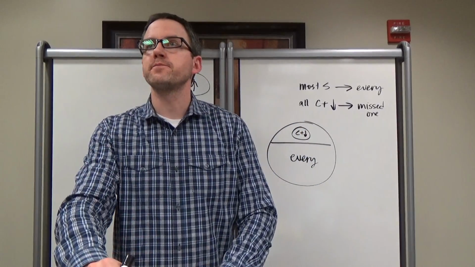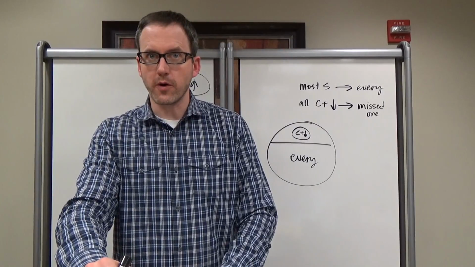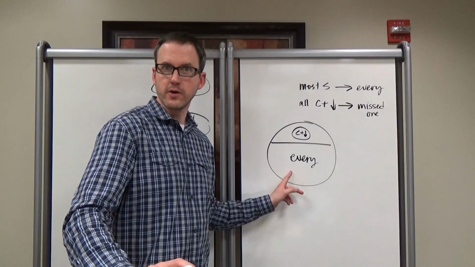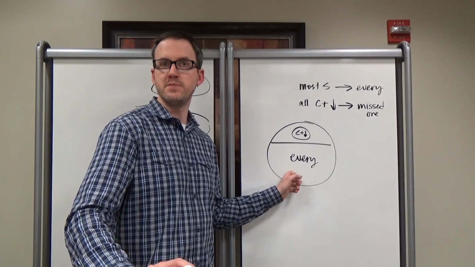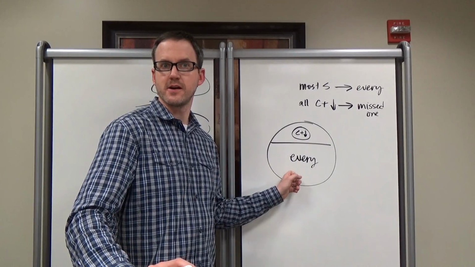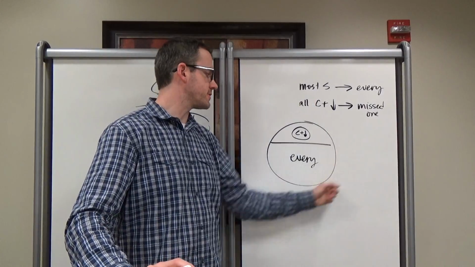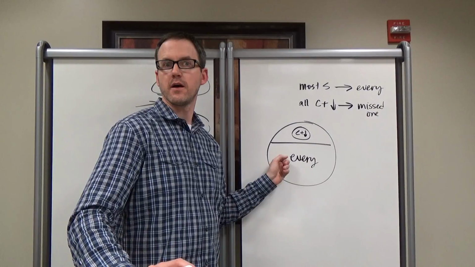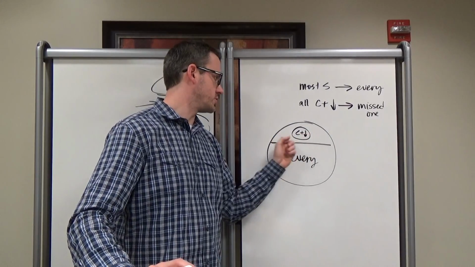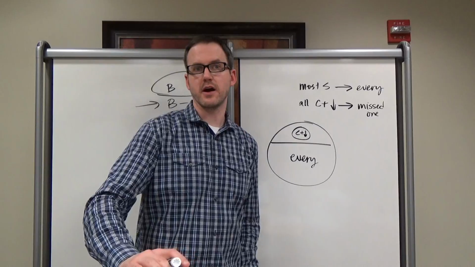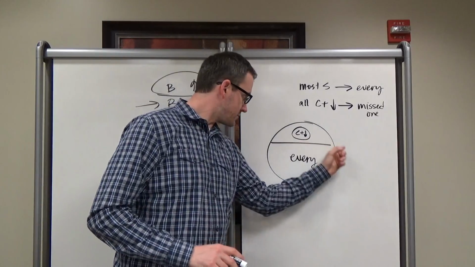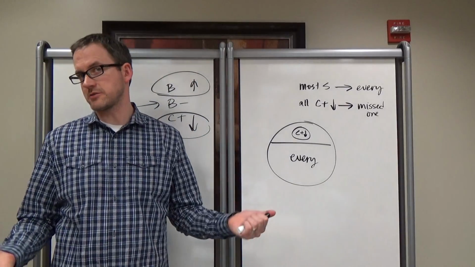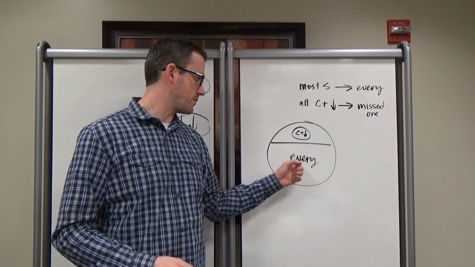If you got a C plus or lower, could you be a part of this group right here? No. So this group must be B minus or higher. So at least half of the students have a B minus or higher. Now maybe more of them do, like maybe some of these people have a B minus or higher, but these people have to have at least a B minus or higher. Because if they had a C plus or lower, then they would have missed and they would not be part of this group.